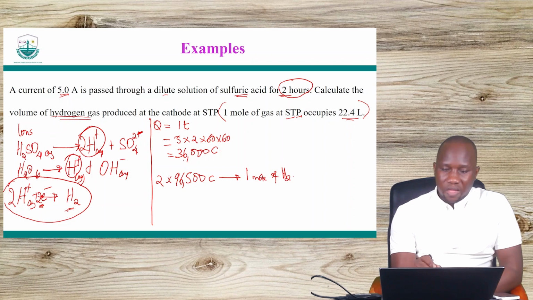So what about this one here? That is 36,000 coulombs, what will it give us? We don't know.